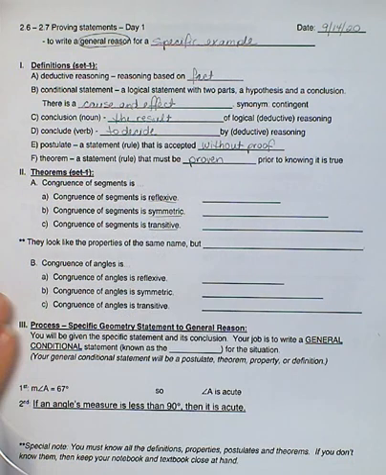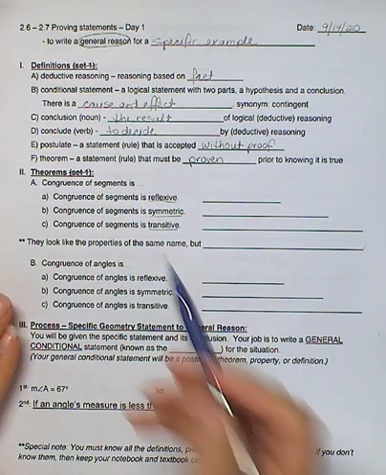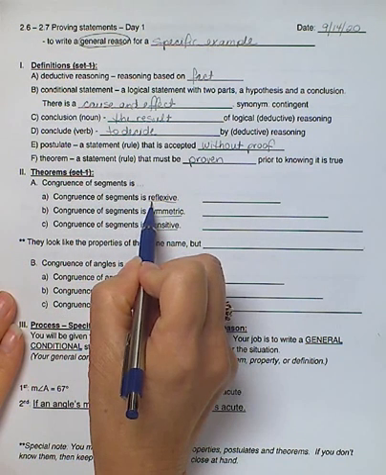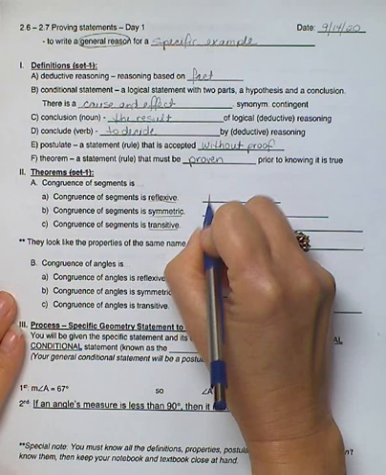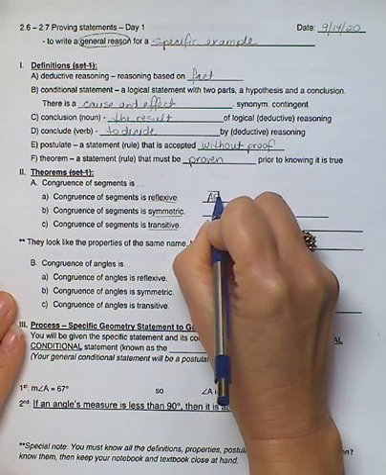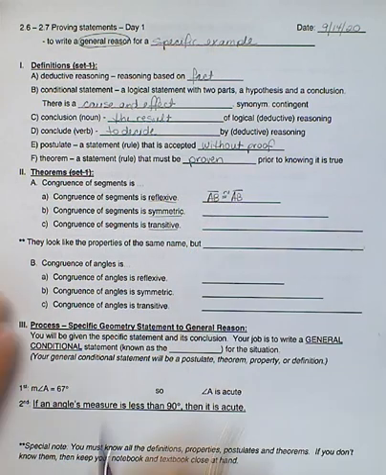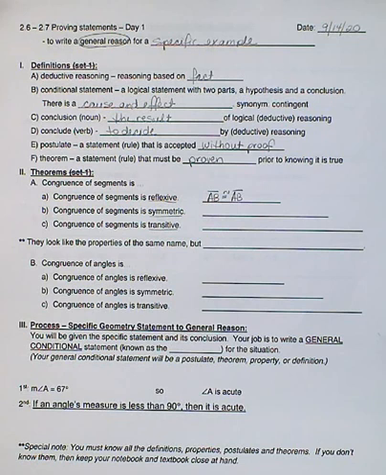So these are related to those, but we don't call them properties because we're not going to talk about their measures. So the first one says, congruence of segments is reflexive. So if you have a segment that is congruent to itself, then why can I say a segment is congruent to itself? Because there's a theorem that says congruence of segments is reflexive.